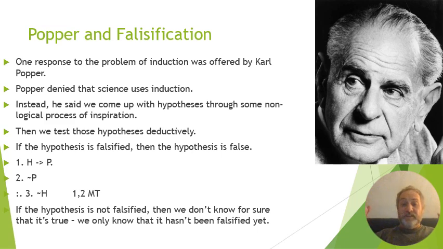If the prediction turns out false, we can say, well, I guess the hypothesis was false, right? That's not H on line 3, and that's using a rule called modus tollens, which we'll learn later in the course, right? So Popper said this is what science does, right? You come up with a hypothesis, it entails a prediction. The prediction is false, so the hypothesis is false, and we've ruled out one more bad hypothesis, and we can move on, right?